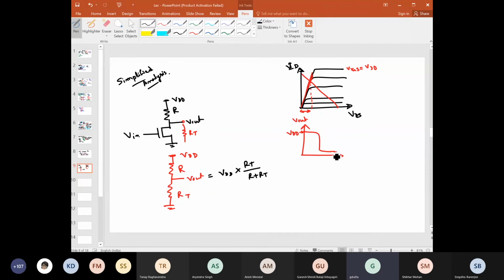Now, what value of this V out, minimum value of V out, do you think is okay with you? Should there be any limitation? Obviously, we want V output minimum should be close to 0, but unfortunately for this case, we are not getting that. But is there any criteria to say that at least this should be the minimum value?